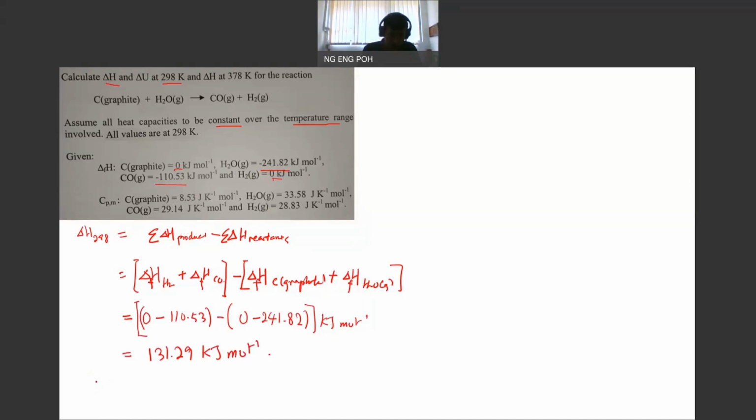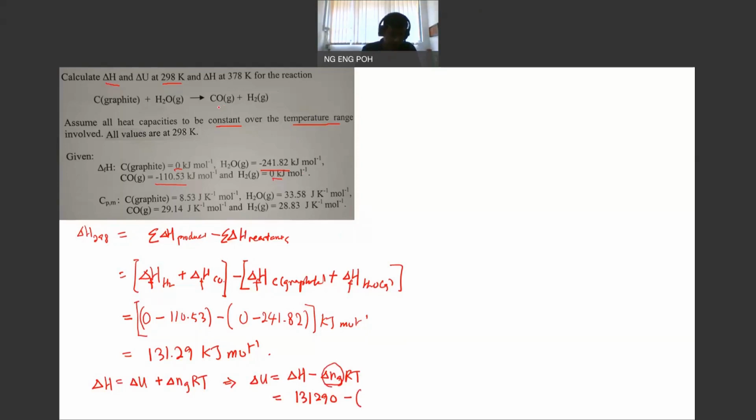So for delta U, you can use delta H equals delta U plus delta n gas RT. So you will get delta U equals delta H minus delta n gas RT. So delta H is 131,290 joule per mole minus delta n gas.